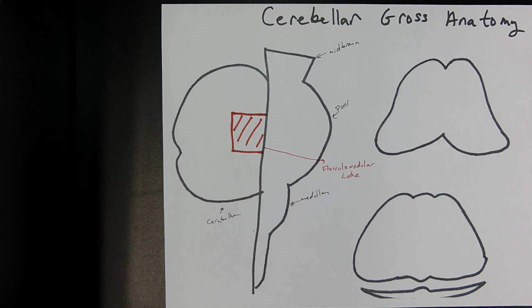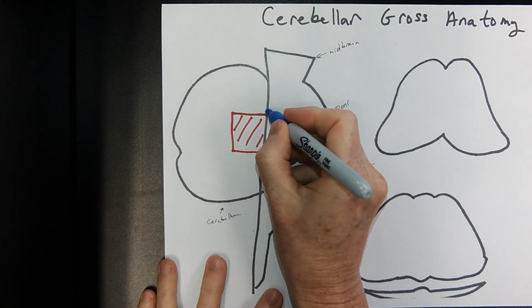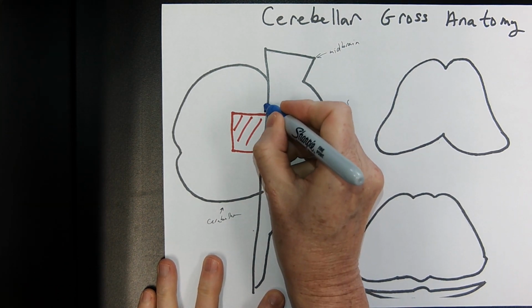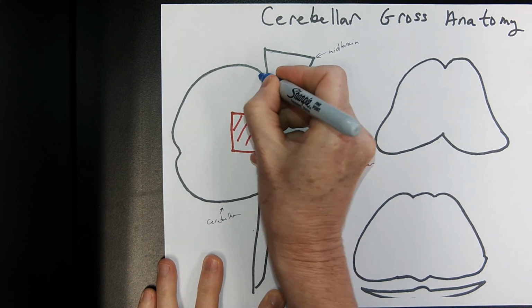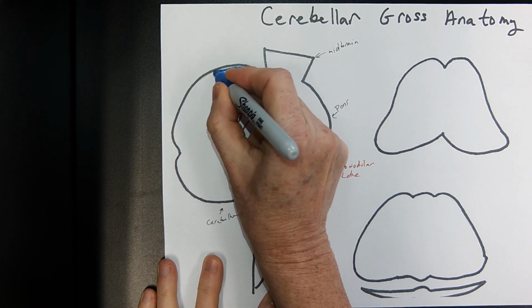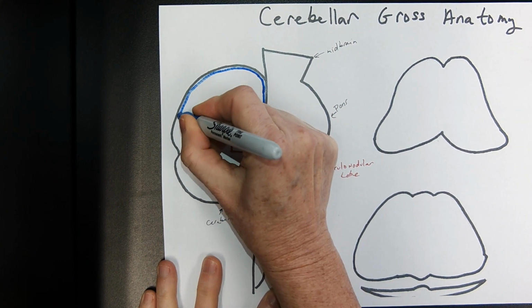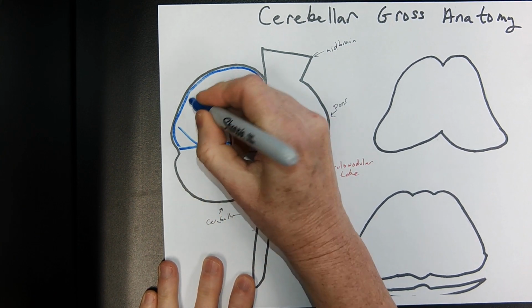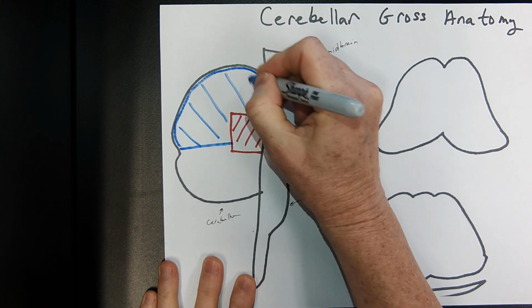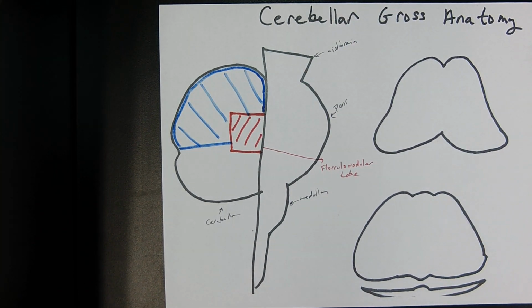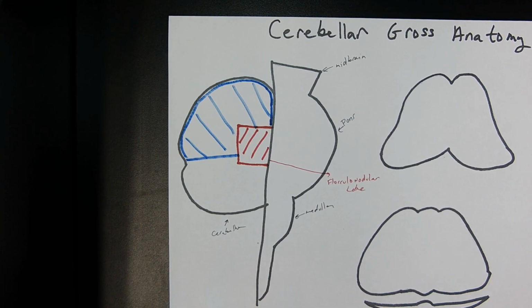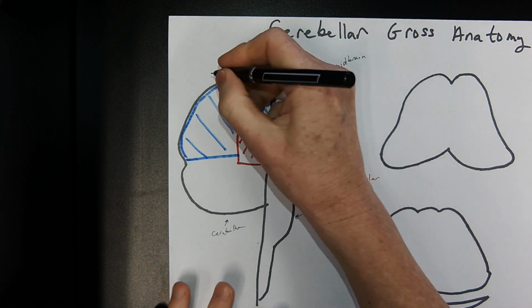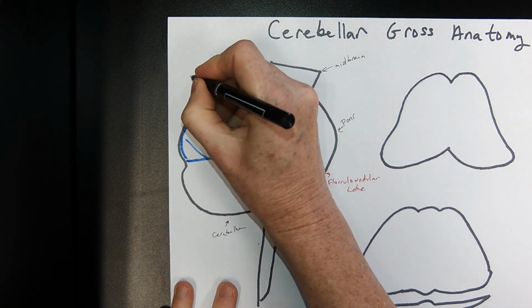You should also know there's another part of the cerebellum. The other part of the cerebellum, and you can see this one, it's going to be on the top part here. Okay, second basic part. This is on the top of the cerebellum, and this is known as your anterior lobe.